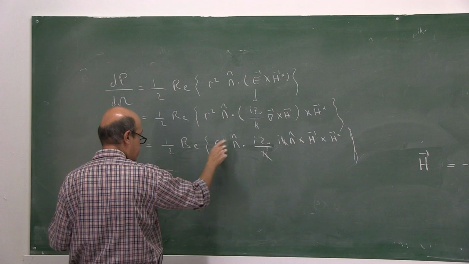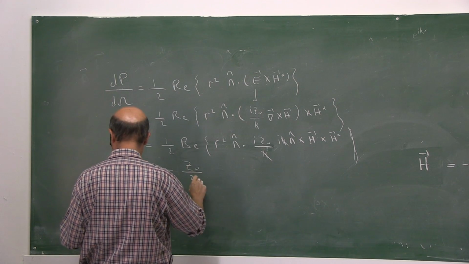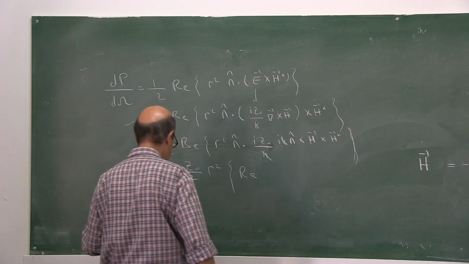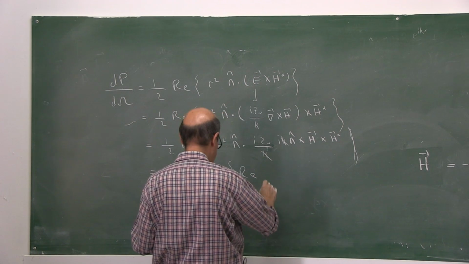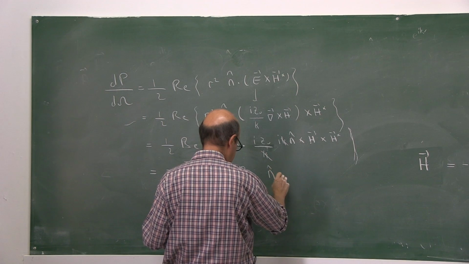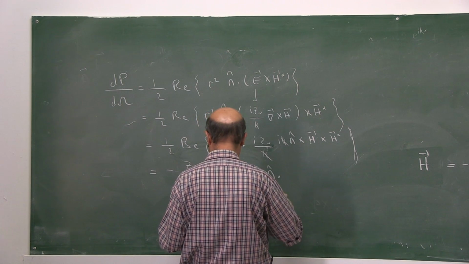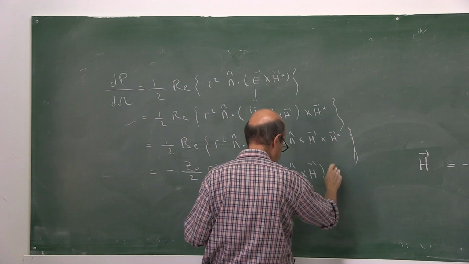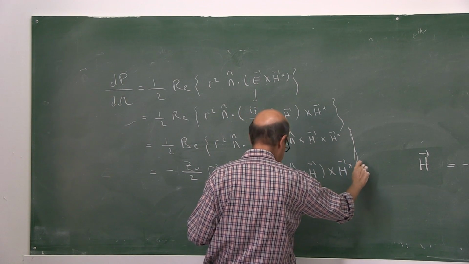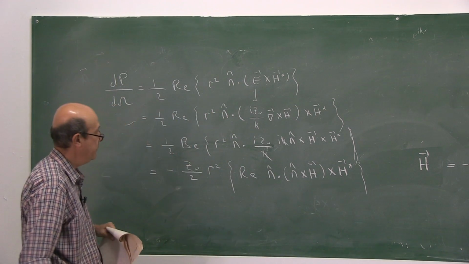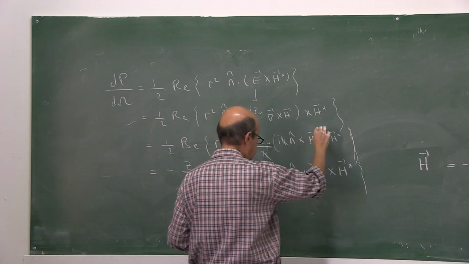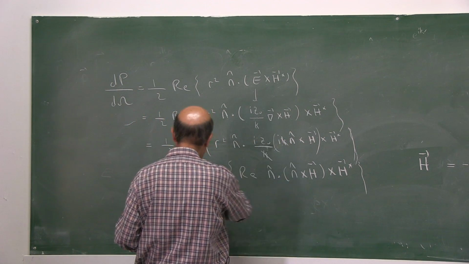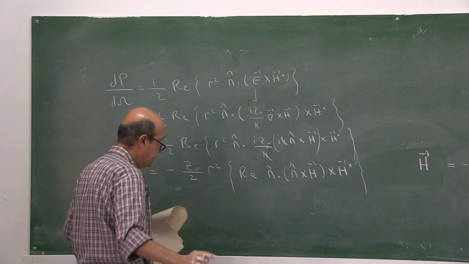So minus Z0 over 2 r squared real part of, then the cross products. How many cross products? We have n dot n cross H cross H complex conjugate. Actually, I should put this inside the parentheses because this is coming from here. So k's will be cancelled, i and i is minus, Z0 is here, so everything is there.